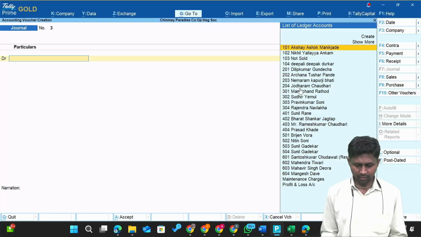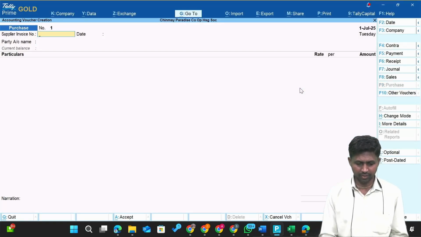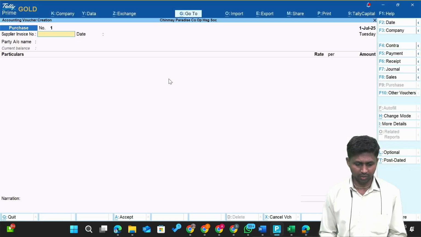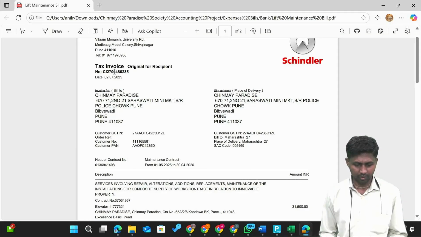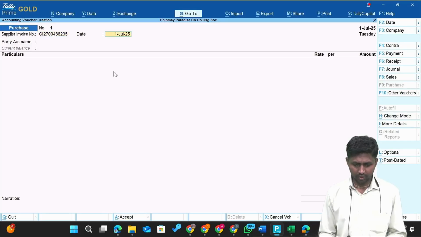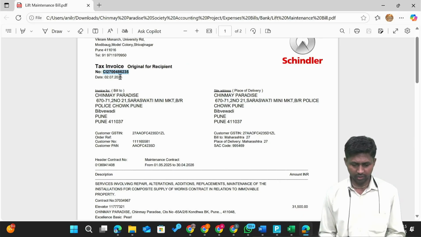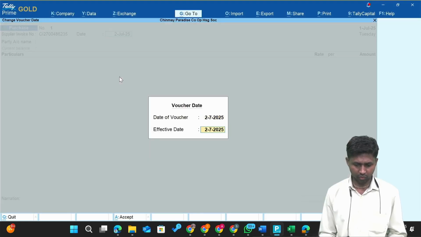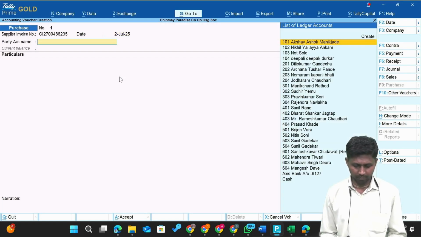To create the ledger, this is service purchase entry only. Therefore, F9 voucher type, F9 will say, and then Tally is asking you the supplier invoice number. This is the invoice number. Just copy, paste it. Then after that, the invoice date is 2nd July, and then F7 say here 2nd July, and then party name.